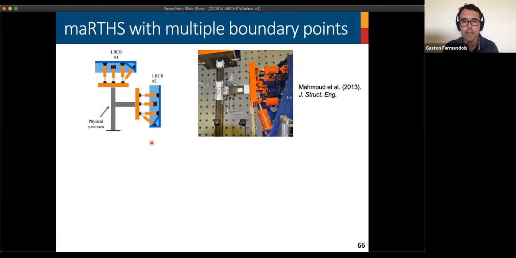Imagine that you have a part of a structure, a subsystem, 2 columns and 1 beam, and we want to impose multiple boundary conditions at multiple points of this large system. This was done previously by Mahmoud et al. in 2013, but for hybrid simulation at slow speed.